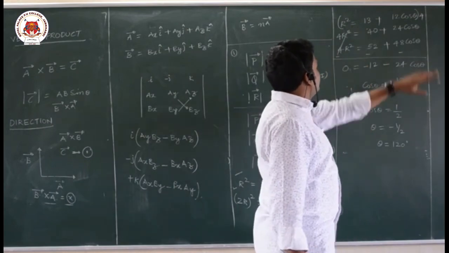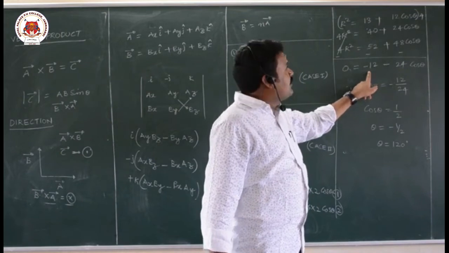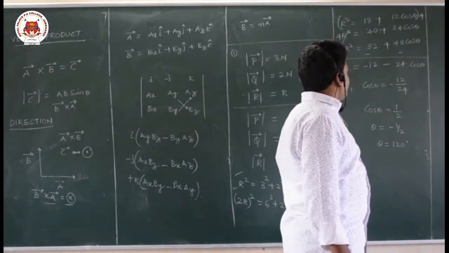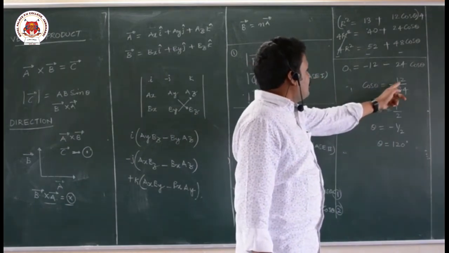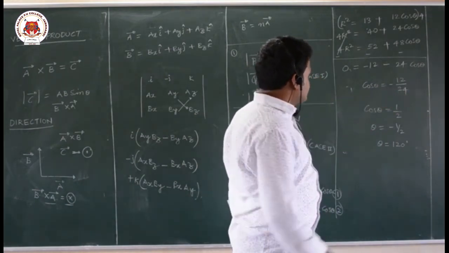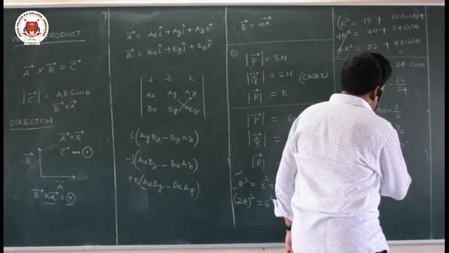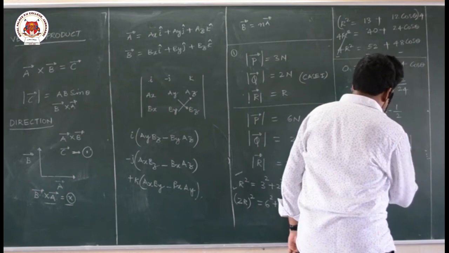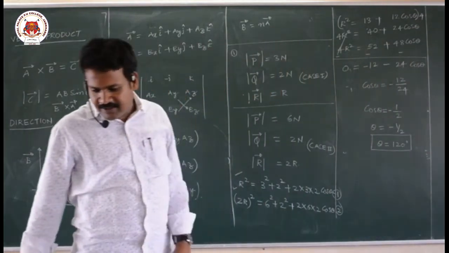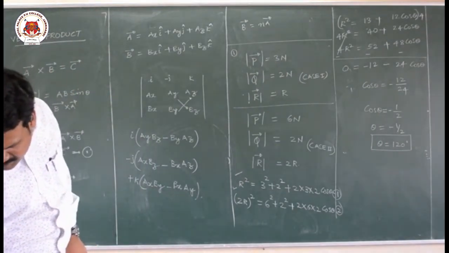Then subtract 1 from 2: 40 minus 52 is minus 12, and 24 minus 48 is minus 24 cos theta. So cos theta is equal to minus 12 by 24, cos theta is equal to minus 1 by 2, then theta is equal to 120 degrees. This is the condition. So this is how you will get the problem. And next one more problem we'll do.